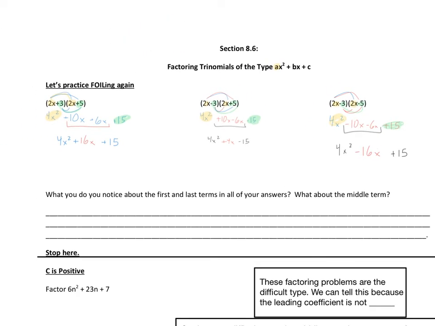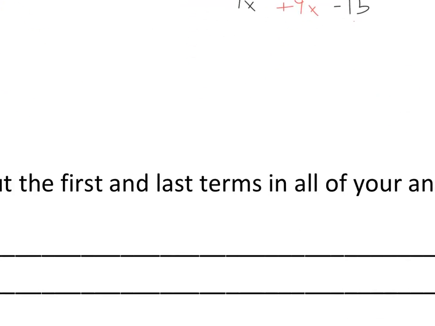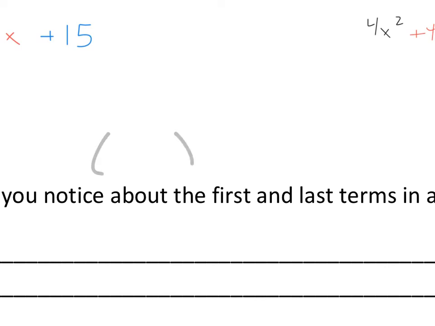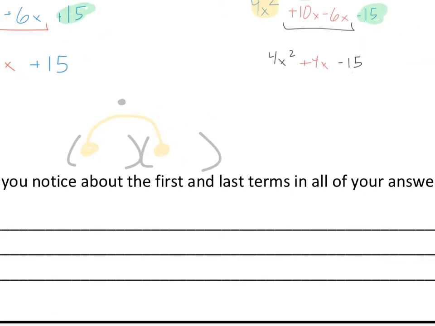So what do you notice about the first and last terms? Let's write a little note here. To get the first term comes from this times this. This number multiplied by that number gives us our first term.